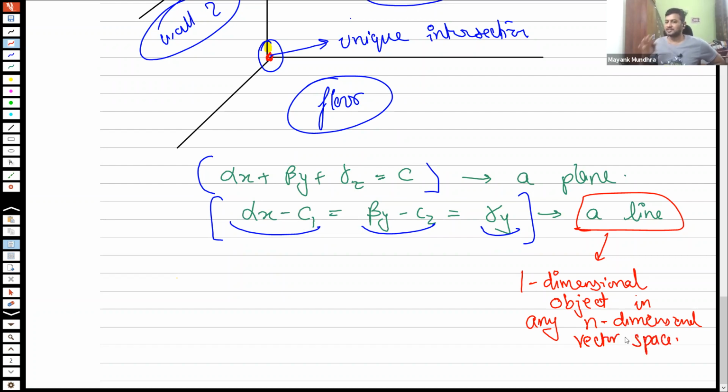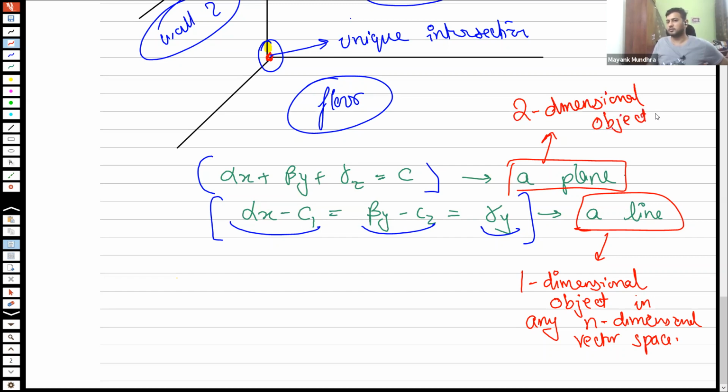In any vector space, the one-dimensional object is called a line, and a plane is basically the two-dimensional object. So in 3 dimensions, the equation of a plane would look like this, and the equation of a line would look like this.